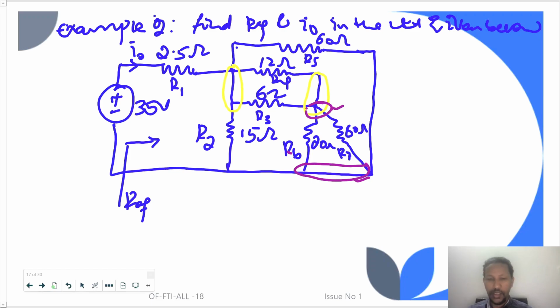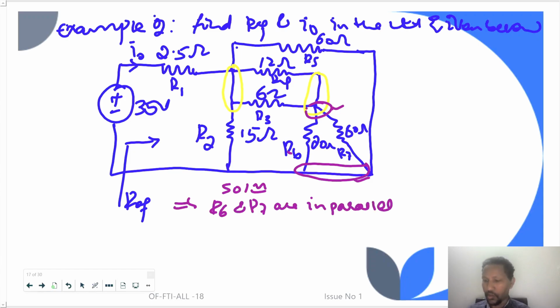So we can write, using R6 and R7 in parallel, let's say their equivalent is R equivalent 1, which equals R6 times R7 over R6 plus R7.